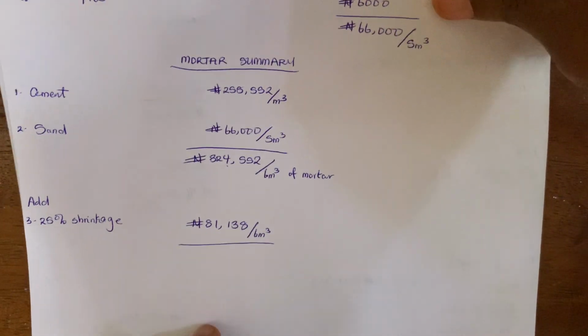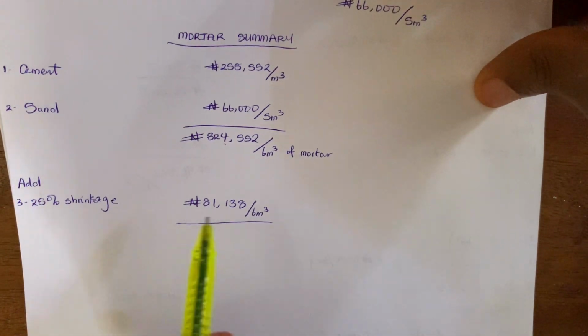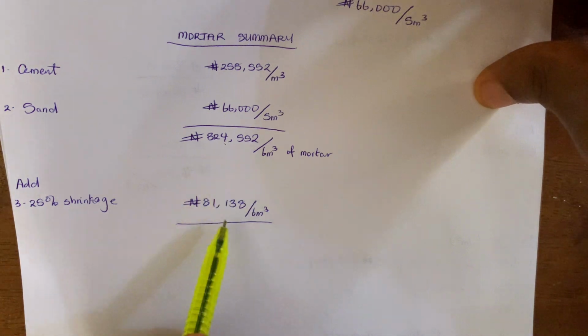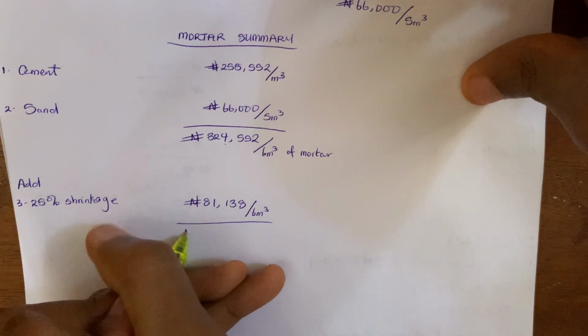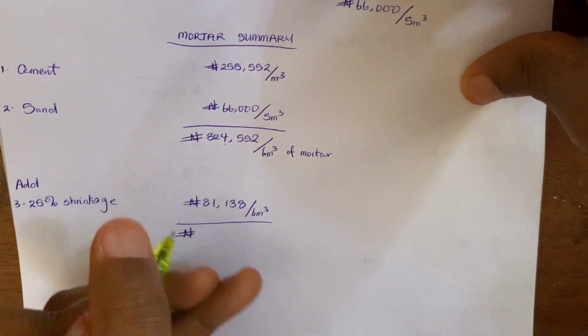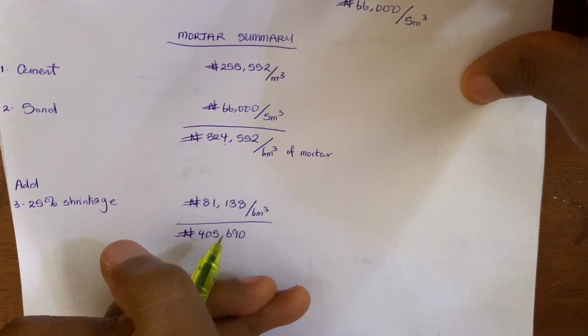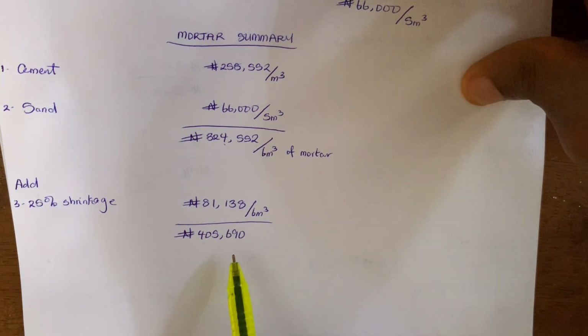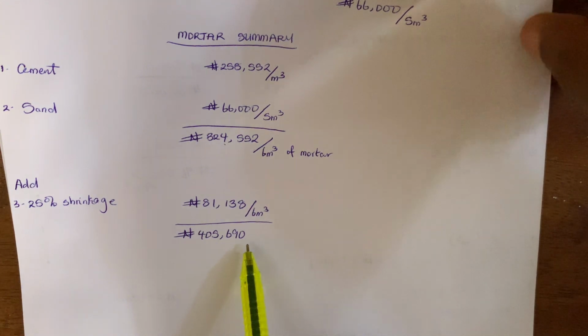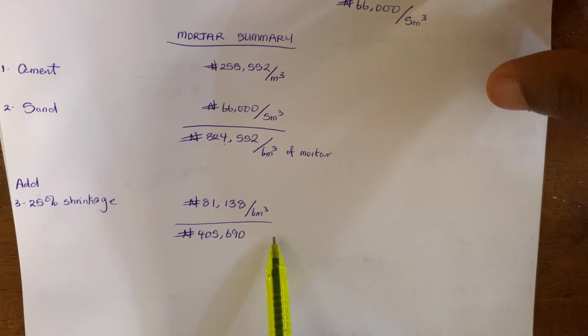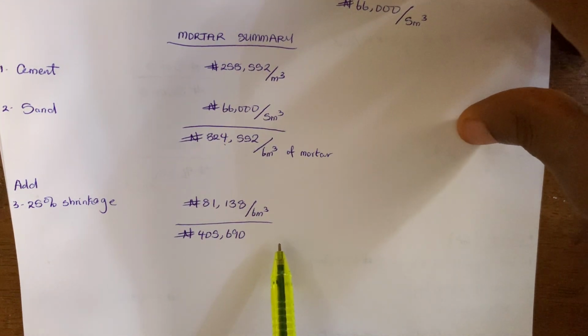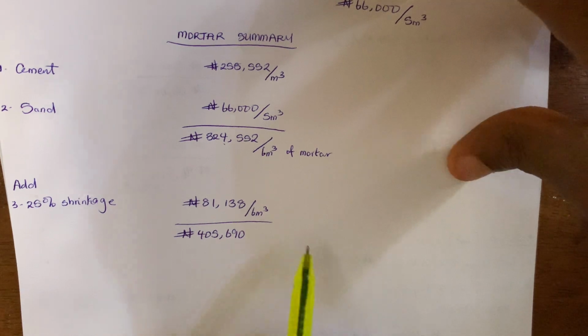So when we add the two of them together, if you add these two parameters together, we're going to be having 405,690. So this is the cost for 6 meter cube of mortar, but we are looking for the cost per meter cube, not the cost for 6 meter cube.